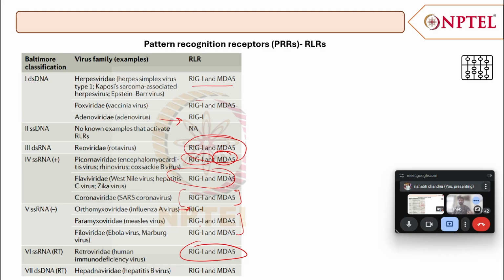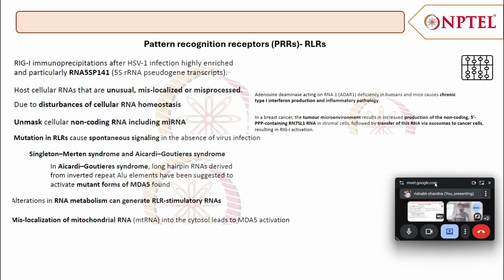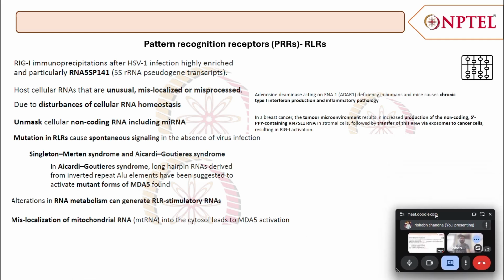Okay, and the hepatitis B virus, that is a double-stranded DNA virus, that also can be recognized by both RIG1 and MDA5. So these are some of the typical examples that have been studied in literature that they are known to activate both RIG1 and MDA5.